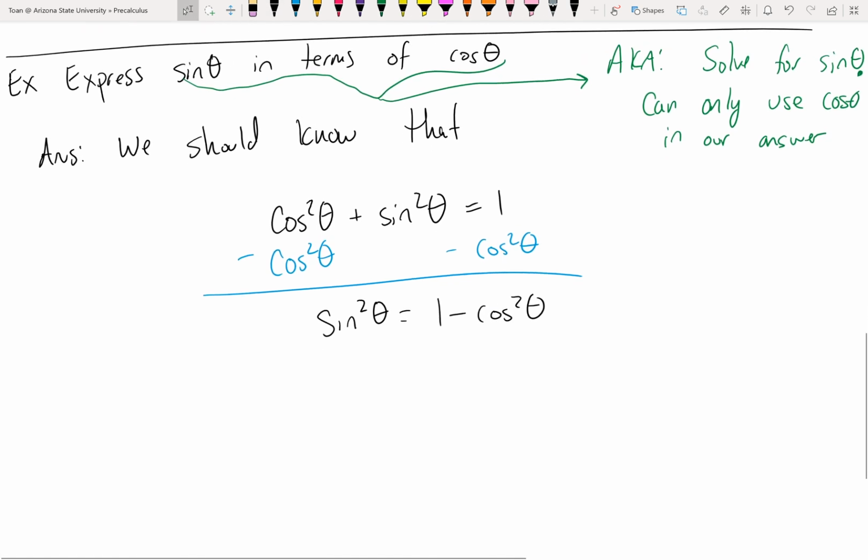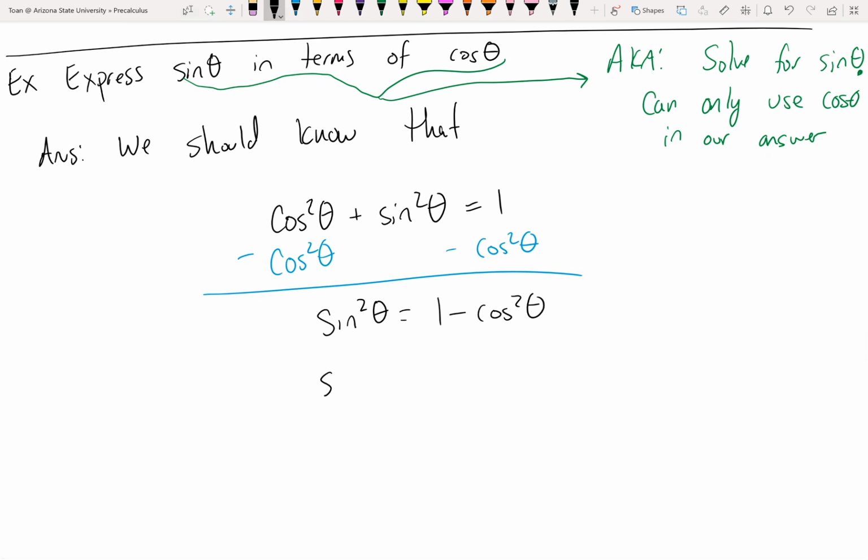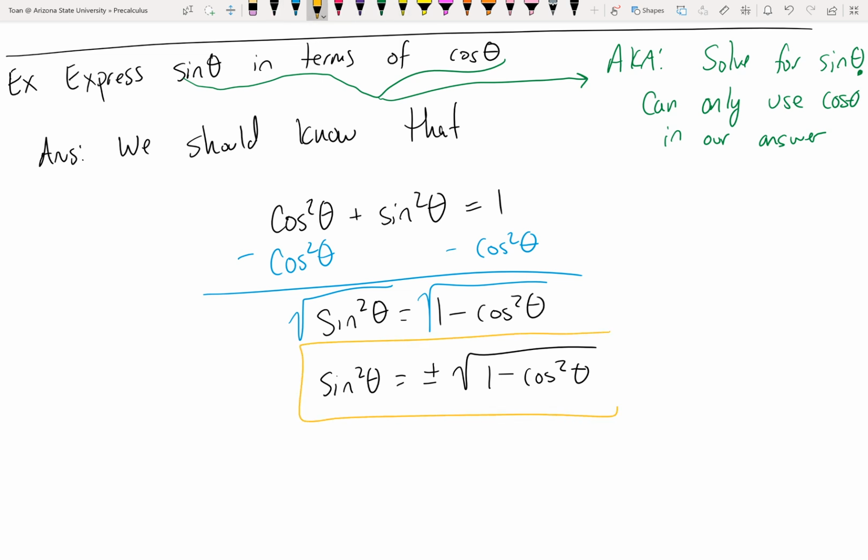And then the last thing you want to do is take the square root, right? However, we are solving an equation here, and when you take a square root to solve, your result will be plus or minus. There we go. That's it. That is sine in terms of cosine. Easy peasy.